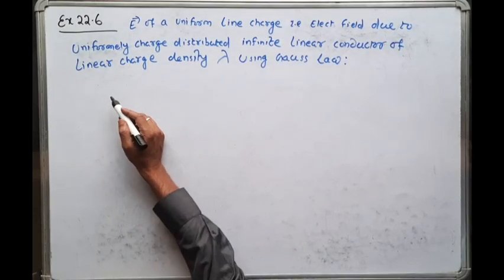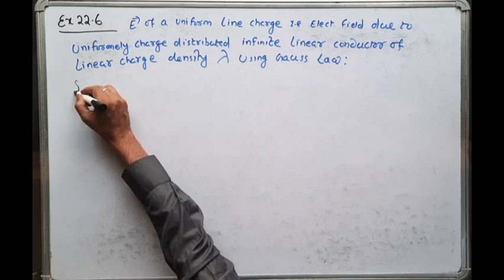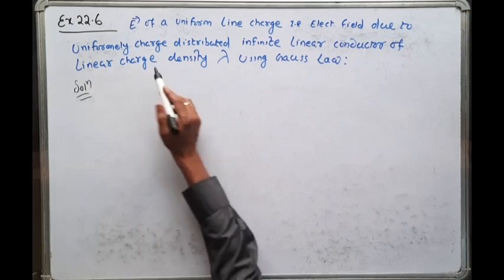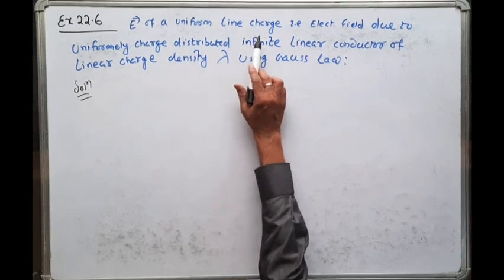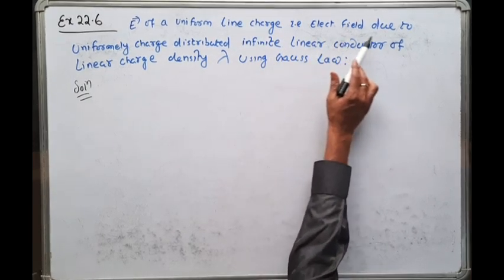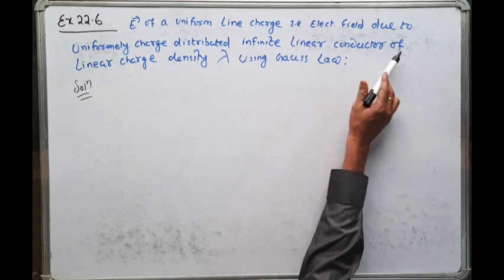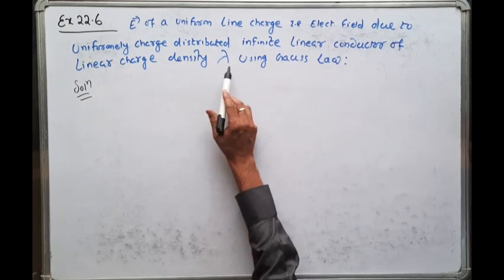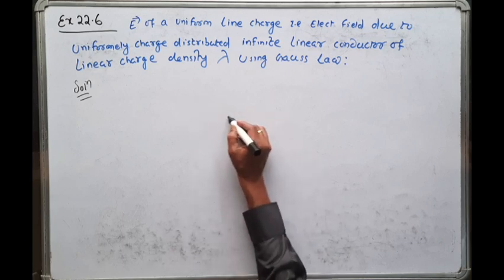So let us discuss example 22.6. Here we have to find electric field intensity of a uniform line charge, that is electric field due to a uniformly charged infinite linear conductor of linear charge density lambda using Gauss law. So what is an infinite conductor? You have seen the electrical transmission wire.